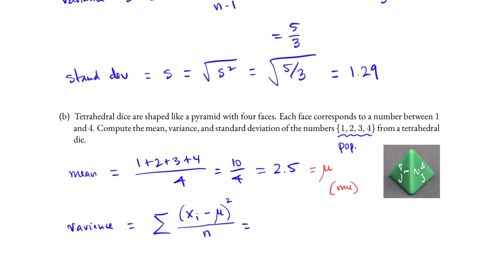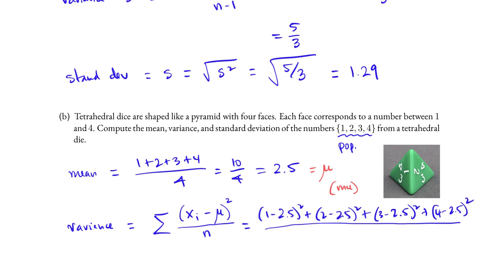This sum is 1 minus 2.5 squared plus 2 minus 2.5 squared plus 3 minus 2.5 squared plus 4 minus 2.5 squared. But again, this time we divide by 4. The count is 4 instead of 3 that we used earlier.